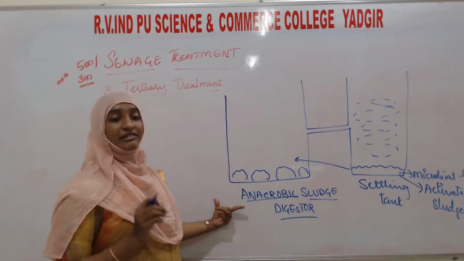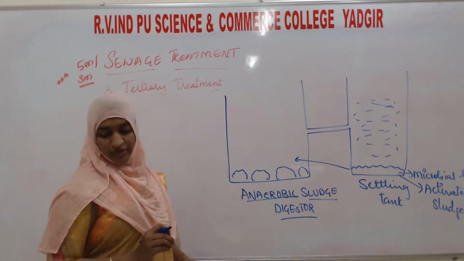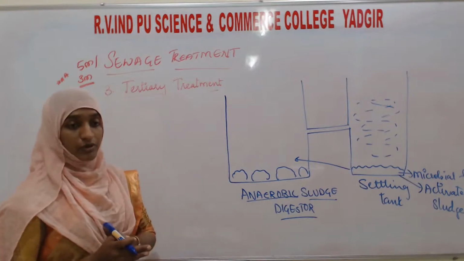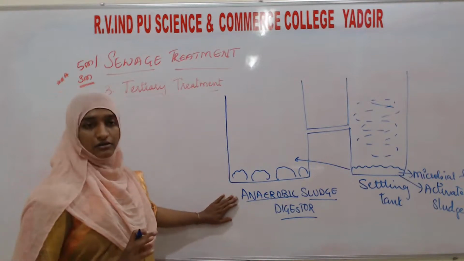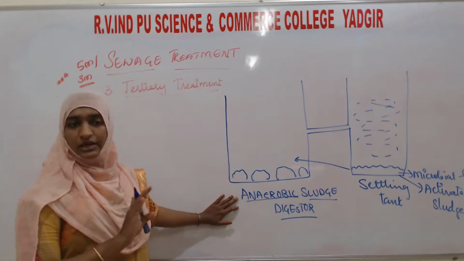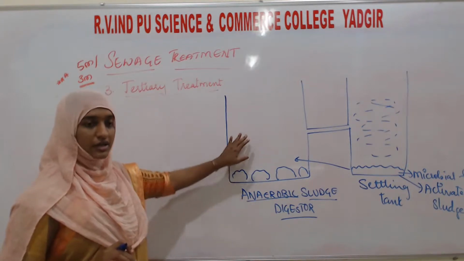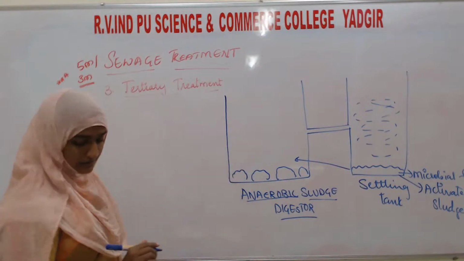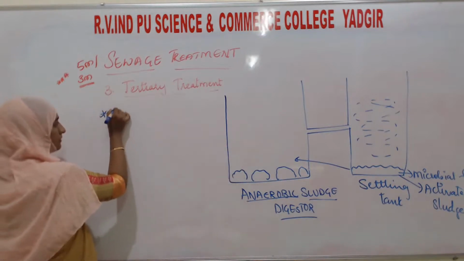In this anaerobic sludge digester, it has an oxygen-free atmosphere. Anaerobic means absence of oxygen. There will be no oxygen in these tanks.